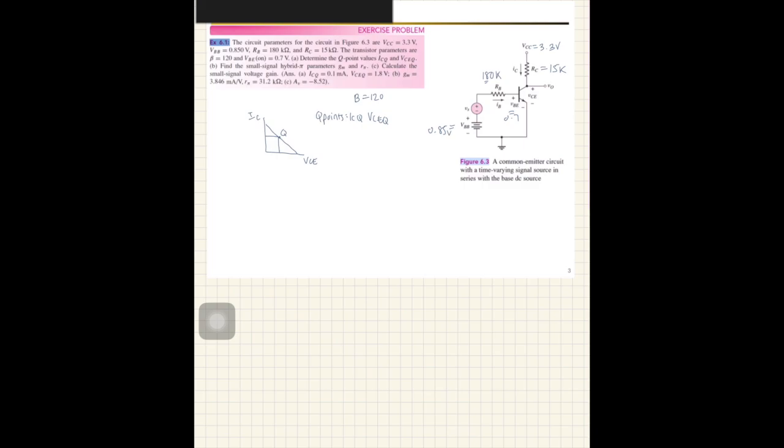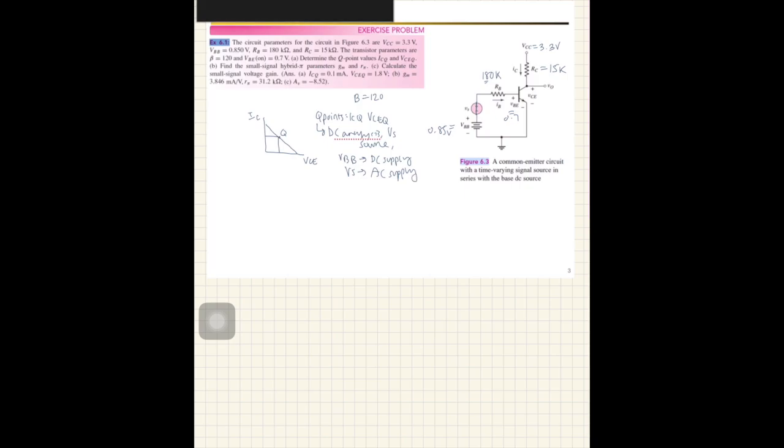Also VBE. Since we're doing the Q point, we are doing the DC analysis. Hence, we are shorting the VS source, because VBB is the DC supply, while VS is the analog supply, the AC supply.